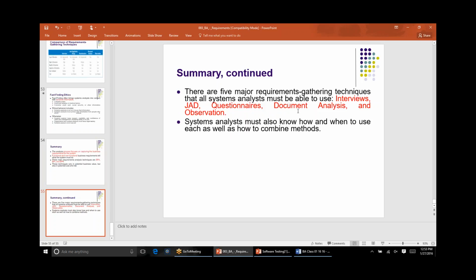They also use current state documents. They also do observation, which means physically walking through their premises, factory, warehouse, and various departments, looking at the information and watching how they work, for example how they ship the product to the customer.